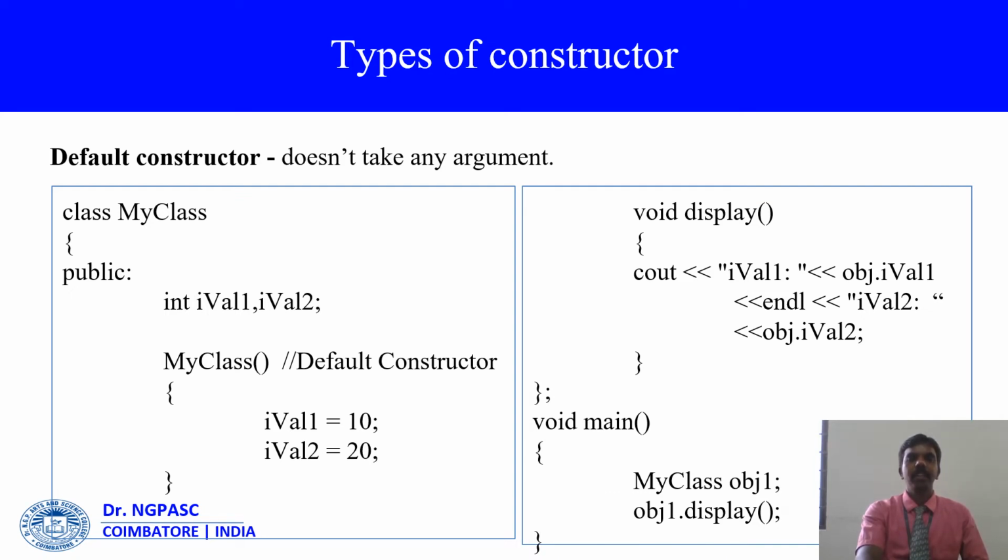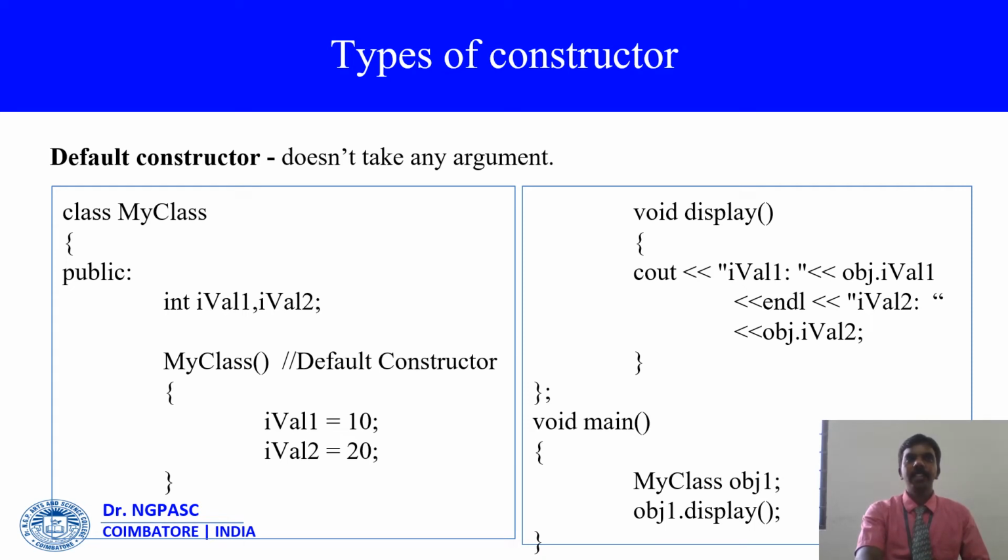So in this example, the default constructor initializes the integer literal 10 to the member ival1 and 20 to the member ival2. The class also contains a member function display which returns and accepts nothing, and the behavior of that member function just displays the values of the members ival1 and ival2. In the main function, we instantiate the class, and the name of the instance we defined is obj1.